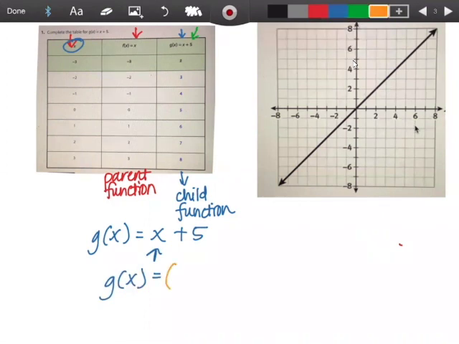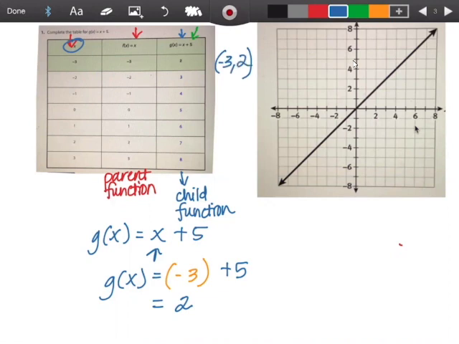That is how you got your answers, okay? So -3, which is the value for x in the first row, plus 5. -3 plus 5 is going to give me a +2, and so forth. All right. So that means that my first ordered pair for my child function would be -3, comma 2.